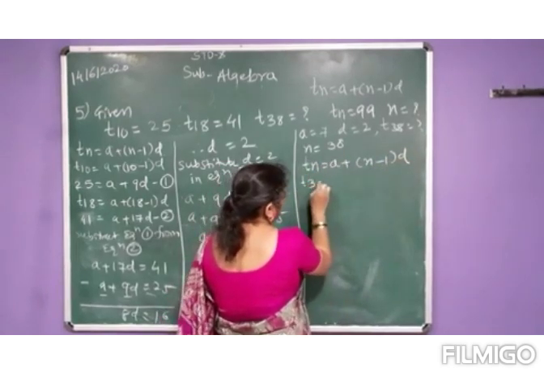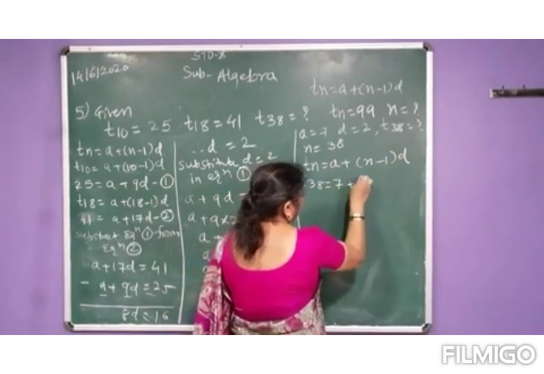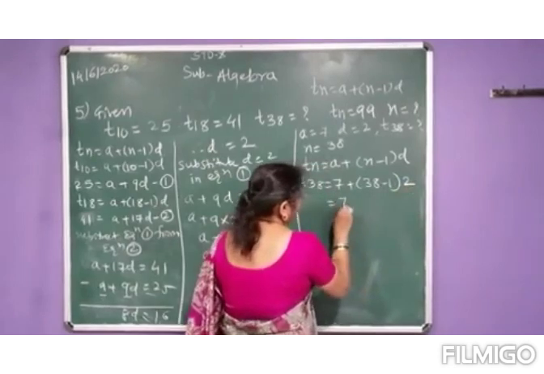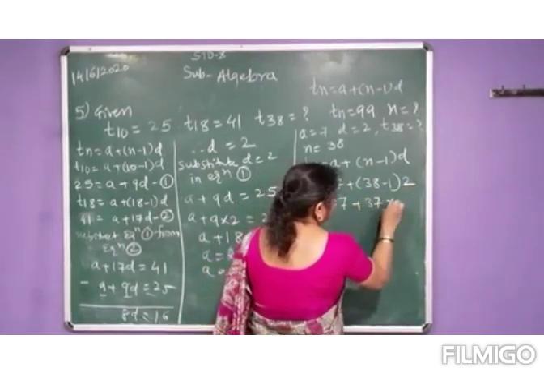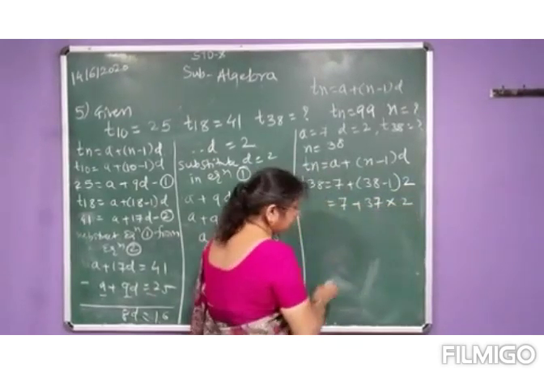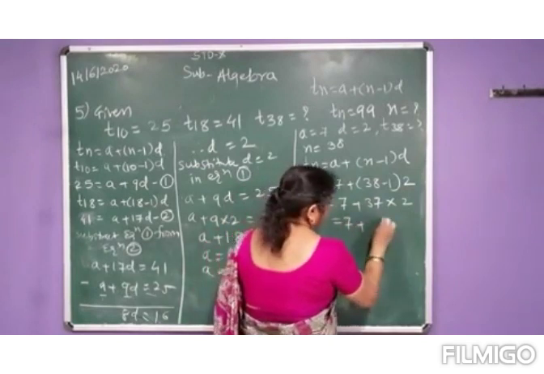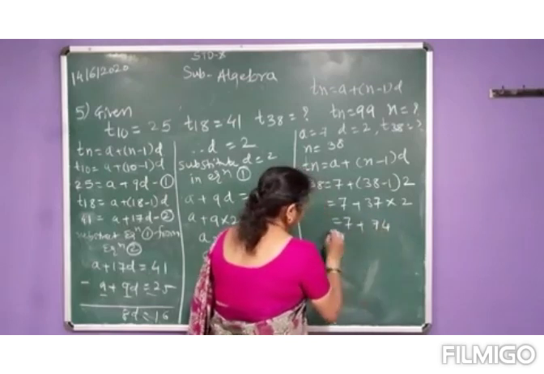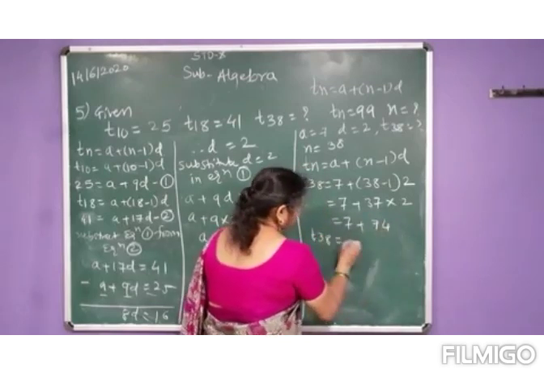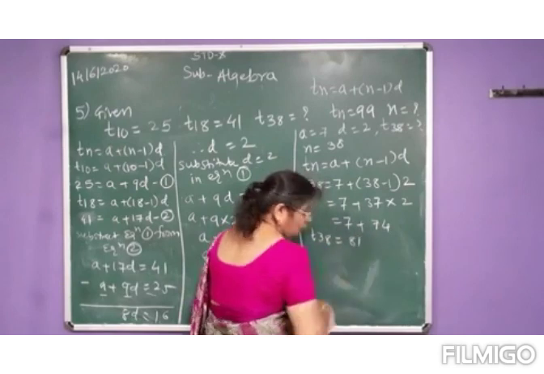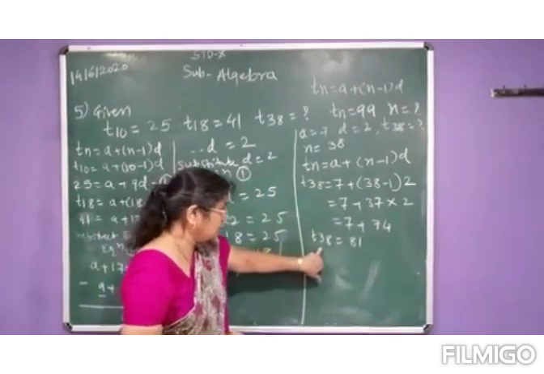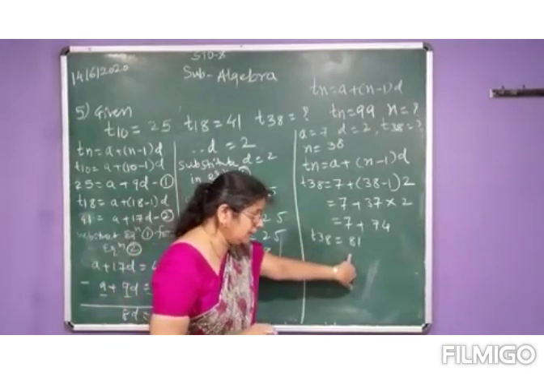So T38 is equal to 7 plus 38 minus 1 into 2. 7 plus 37 into 2. So 7 plus 74. T38 is equal to 81.